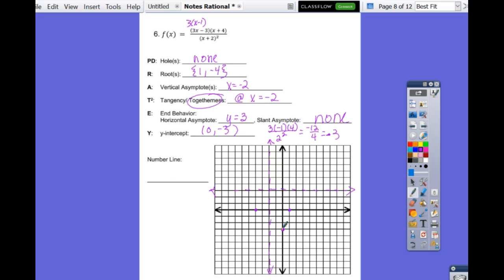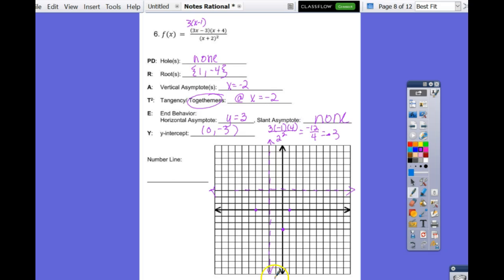So first of all, let's just take a guess, okay? I said there's togetherness at x equals -2. We're going to test our number line in just a second, but this part goes down, right? So what is this side probably going to do? They have to come together.